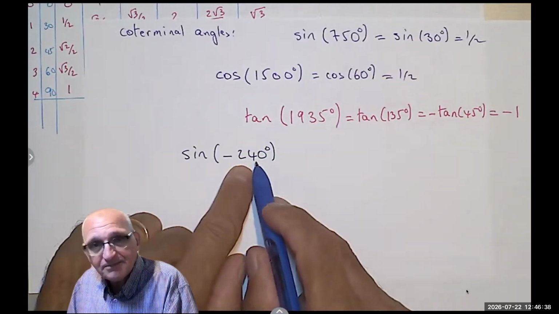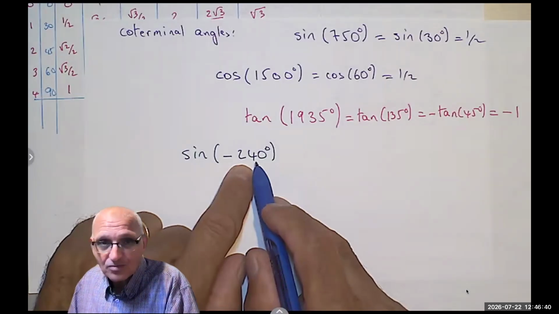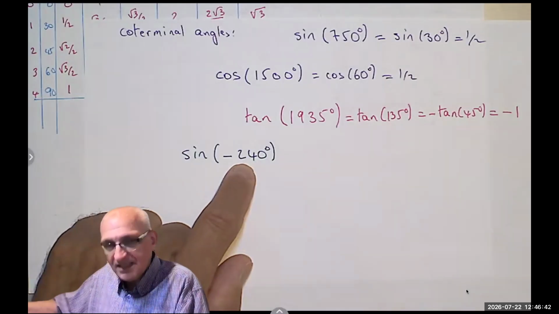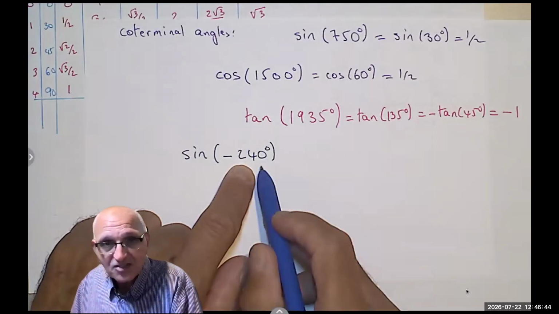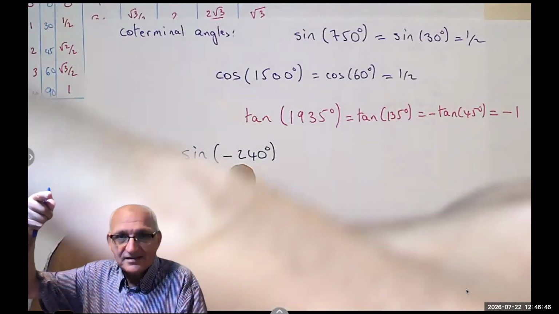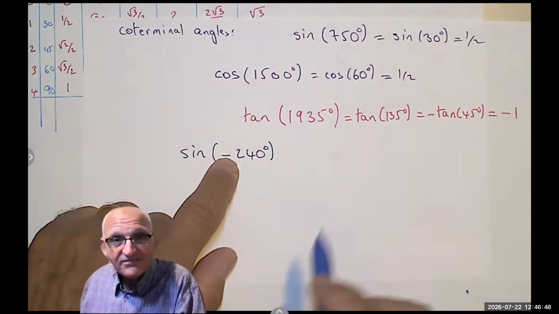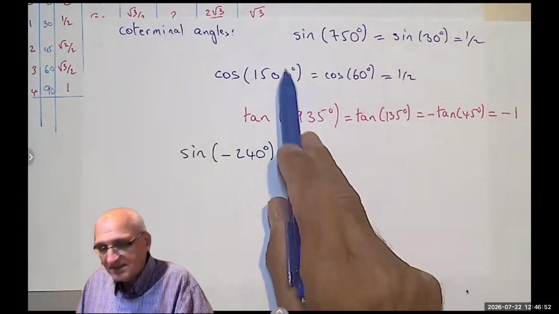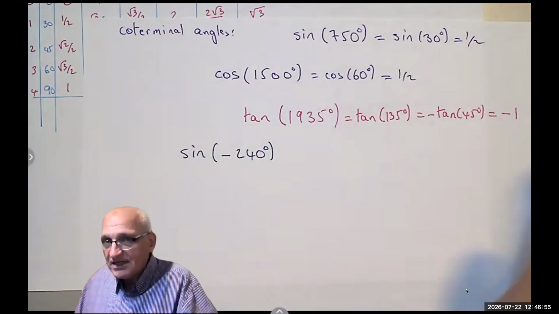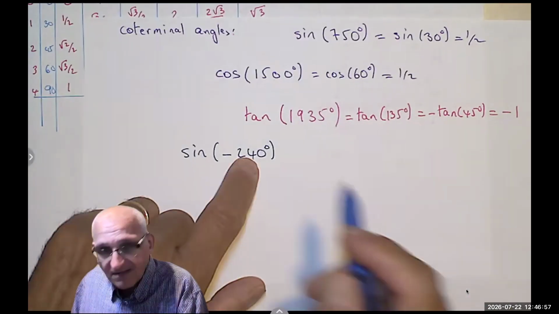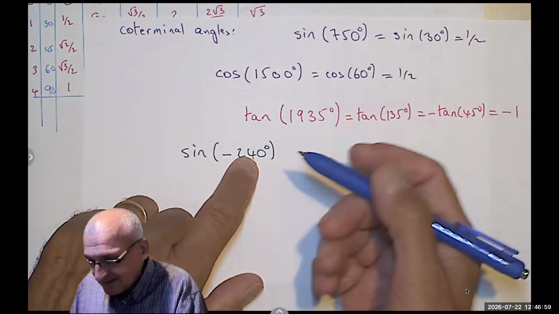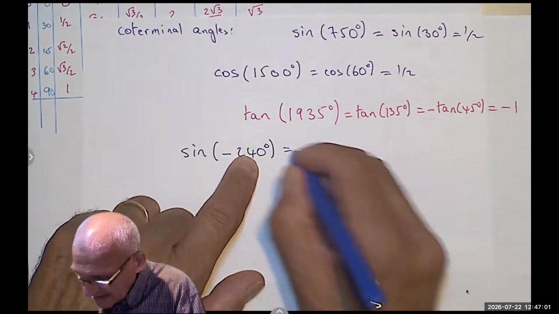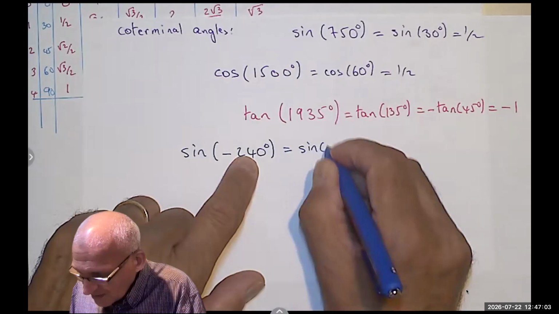I get -2/3, so the whole number part is 0. So you add 1 to that. When it's negative and you divide by 360, you add 1. Here we didn't add anything, we just subtracted. But if it's negative, you divide by 360, you get 0, you add 360, and you get sine 120.